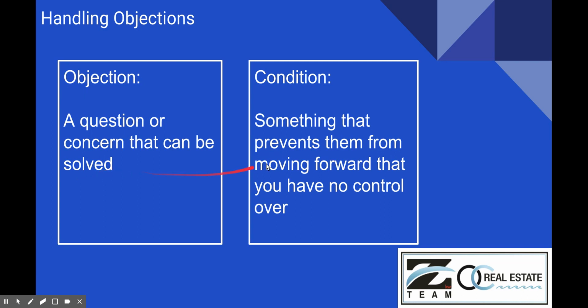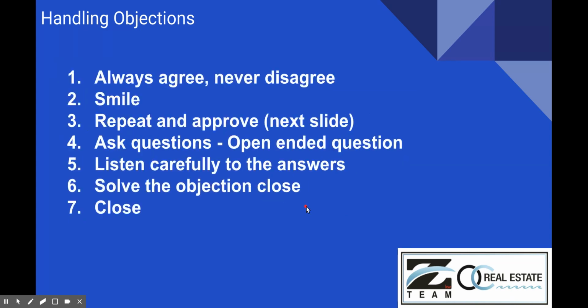A condition is something that prevents them from moving forward that you have no control over. So they tell you, hey, I need a single level home, but there are only two-level homes in the community that I like. That's a condition. There's nothing you can do to change that. So just remember, an objection you have control over and you can solve it. A condition, you have no control or ability to solve their problem.